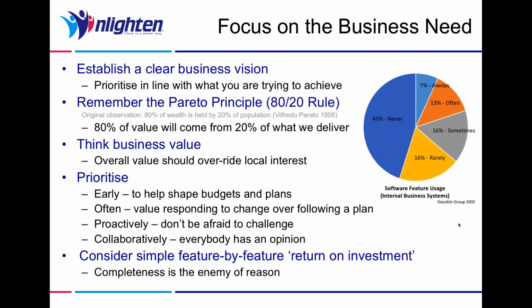The origin of that statement was actually about wealth, and a guy called Pareto in 1906 identified that 80% of the wealth was held by 20% of the population. But that principle, that 80-20 rule, does seem to apply much more universally. So that's the first thing. We will seek to de-scope the least important features so as to maintain the real value that gets delivered in the solution as a whole.